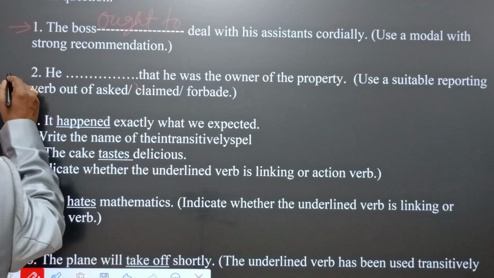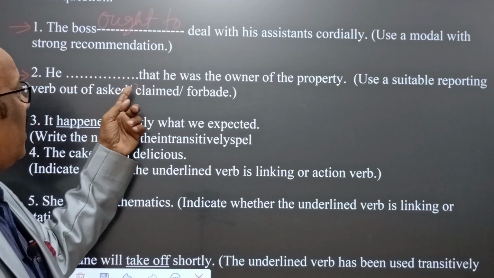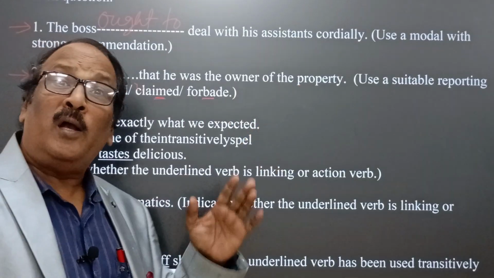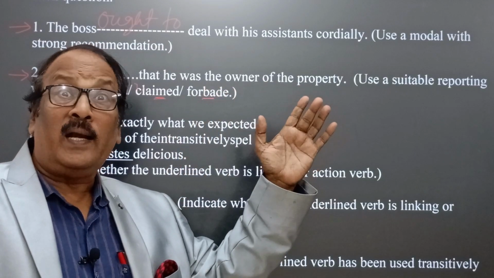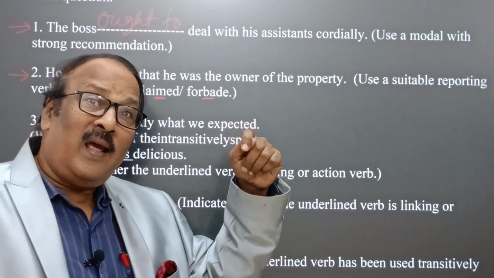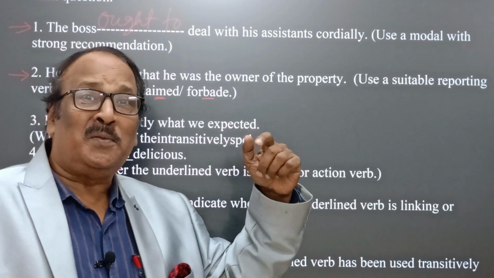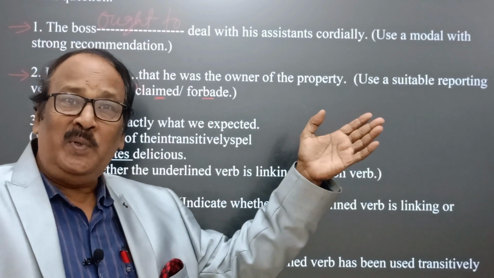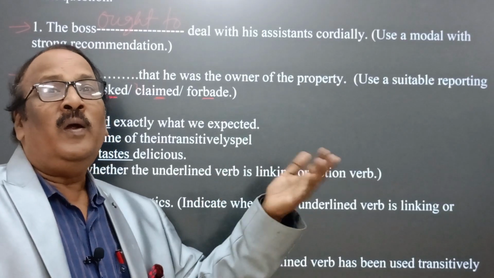Number 2. He blank that he was the owner of the property. As we have already discussed, reporting verbs are used in indirect speech or reported speech whenever we express the direct speech of a person indirectly.